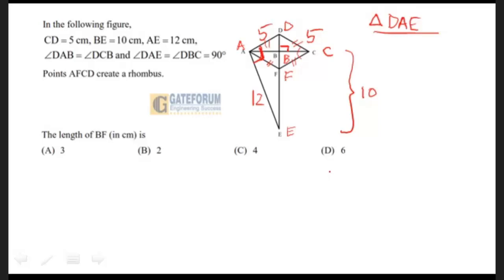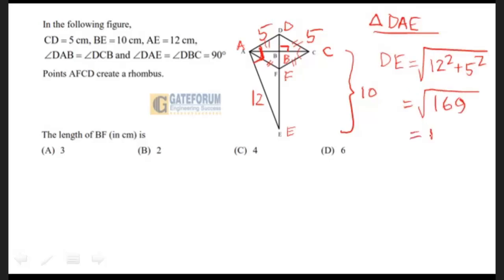So DE will be root over 12 square plus 5 square. That is 144 plus 25, that is 169, which is 13. So we know that DE is 13.